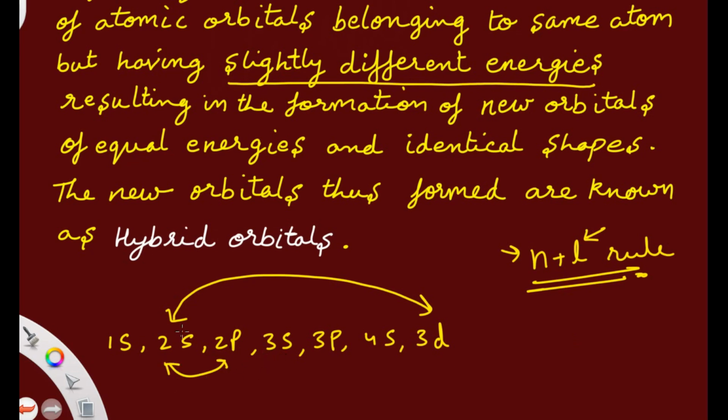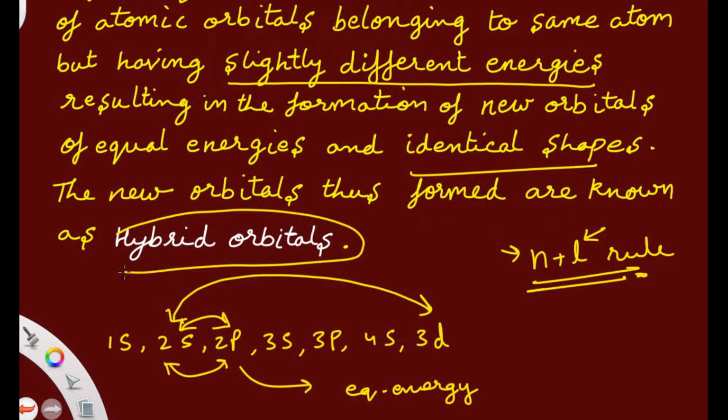Then only they will intermix with each other to give a new set of orbitals that have equal energy and identical shape. The new orbitals thus formed are known as hybrid orbitals. Just remember that for intermixing, the orbitals should be of close energy, not far away from each other, right? So this is the definition of hybridization.